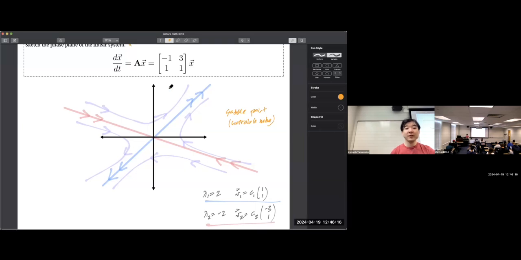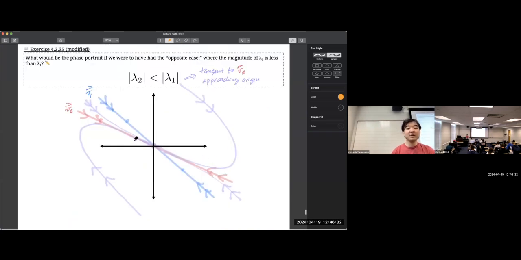Okay, so those are all the real eigenvalue cases, distinct, whether they're the same sign or opposite signs. If they're opposite signs, they'll draw a saddle point. If they are the same, then you're going to have trajectories all going in or out, and you have to think about the bending carefully for that.